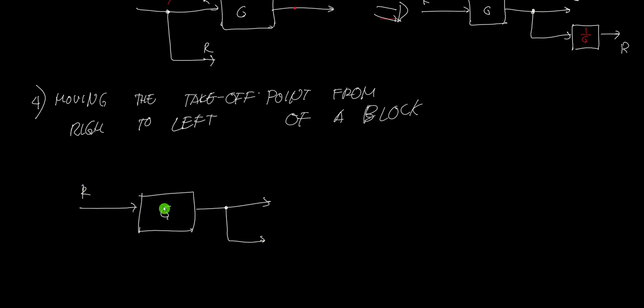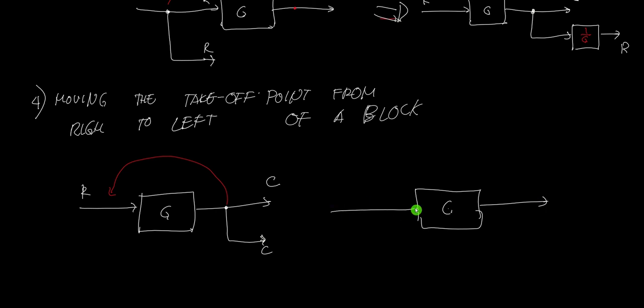So our input is R, our output is C. You know that this is also equal to C. Now, if I want to move this point and put it on the other side, from right to left of the block, this is still G, and this time the takeoff point is somewhere here. Then I still have my signal here. This is R, this is C, G.